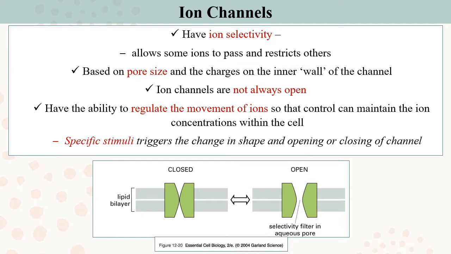When required, they remain open, and when transport is not required, they remain in closed conformation. They have the ability to regulate the movement of ions so as to maintain the ion concentrations within the cell. To do so, there are certain specific stimuli which trigger the change in shape and the opening and closing of the channel.